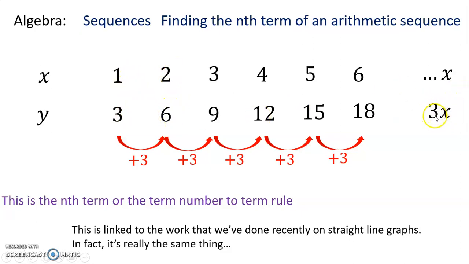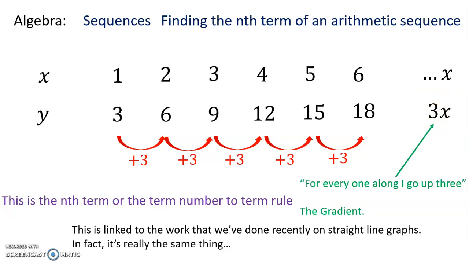So you should know that this number, this coefficient of x, is the gradient of the graph we would plot. And we know that that gradient is, for every 1 along the x-axis, I go up 3 on the y-axis. And that's exactly what's happening with this term-to-term rule. Every time I go along 1 in my sequence, I'm adding 3. And so this is just a different spin on exactly the same knowledge.